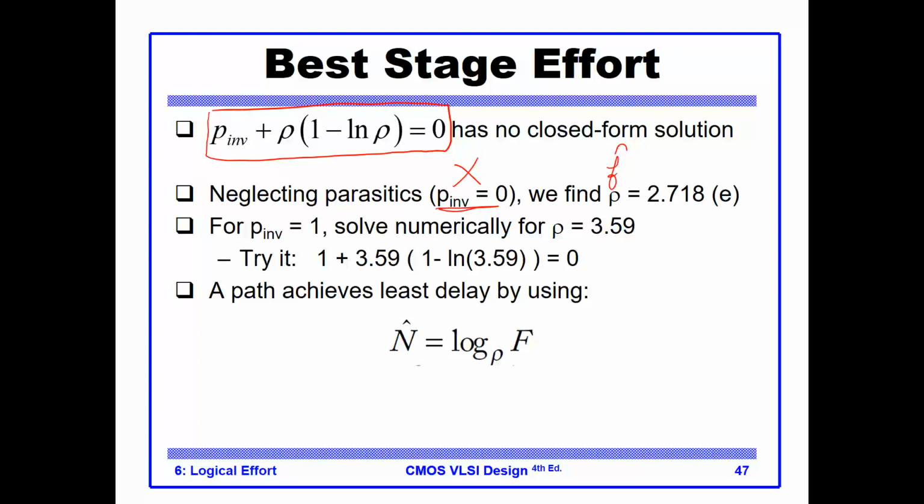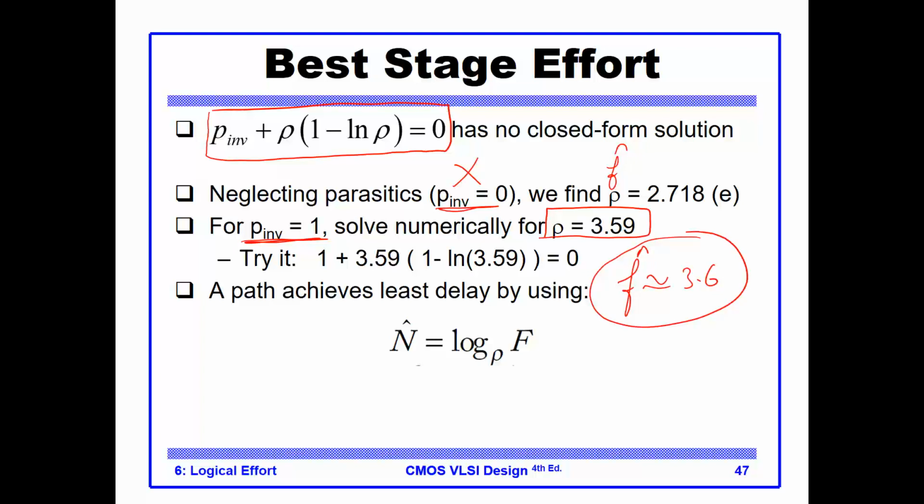More applicable is to assume that the parasitics equal 1, right? And that leaves us with the optimum rho equal to 3.65, I mean 3.59, sorry. Which means the optimum f hat is about 3.6, assuming that the parasitics equal 1.